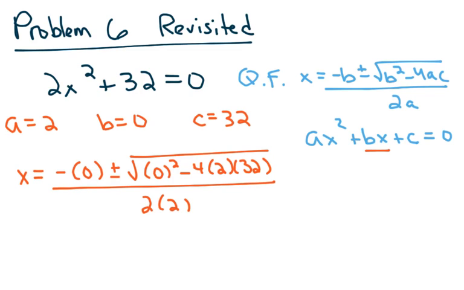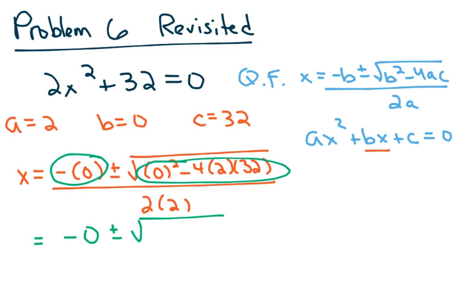When we first introduced the quadratic formula, I wanted you to simplify in a certain method. And that certain method was first simplify that. There's no such thing as negative 0, so we'll worry about that in a minute. Then identify the number that is under the square root sign, which is negative 256, and then simplify the denominator, which is 4.